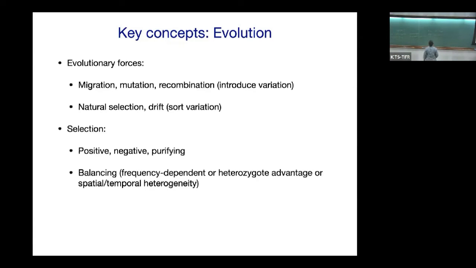So if you have a population, let's say, which is occupying some altitudinal gradient along a mountain, a particular allele may be more beneficial here, but less beneficial elsewhere, right? So that means that when you look at a whole population level, you're not going to be able to generalize what is the kind of selection acting on a particular allele, because it really depends on where that allele is located in space or similarly in time.